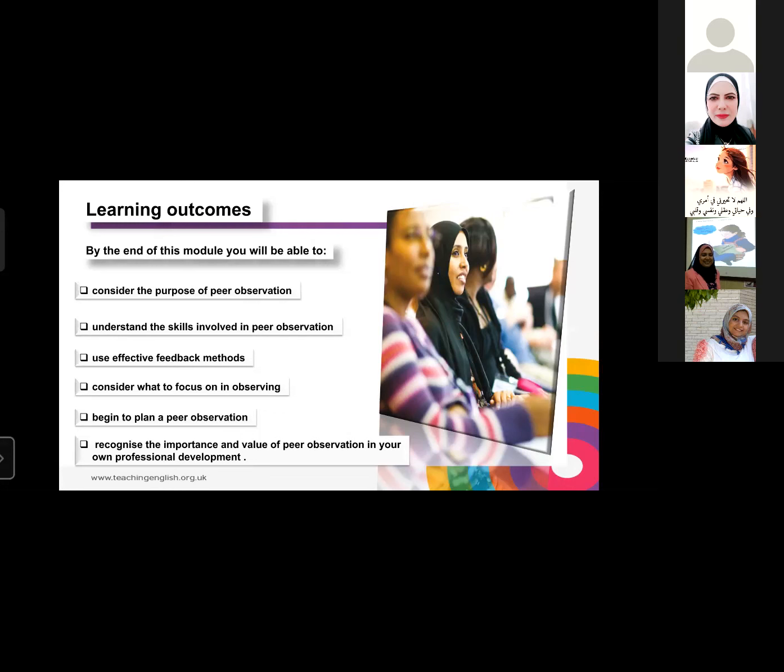Even in everything in our life, we should have a plan for it. And at the end, we have to recognize the importance and value of peer observation in your own professional development. Do you consider peer observation important or not, to be observed or to observe others?